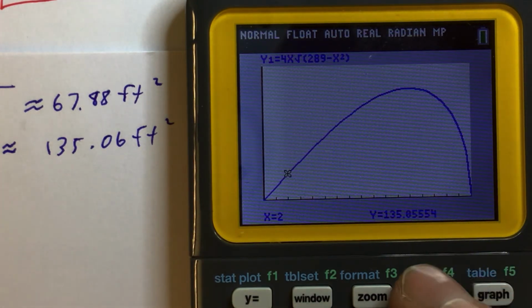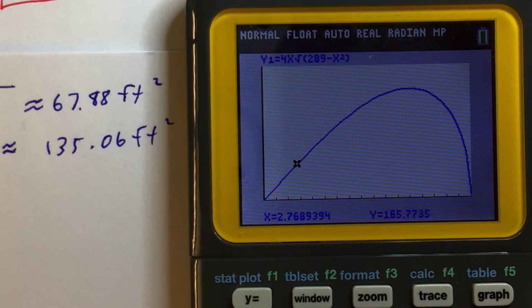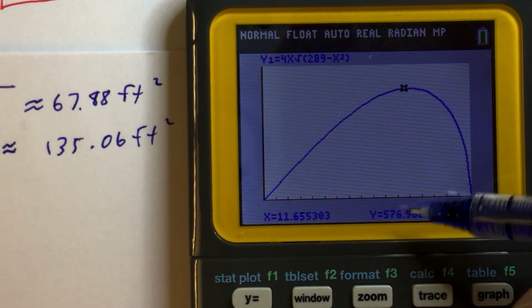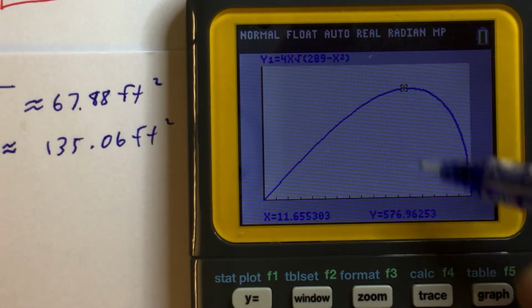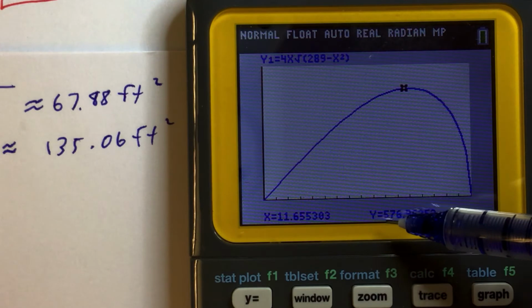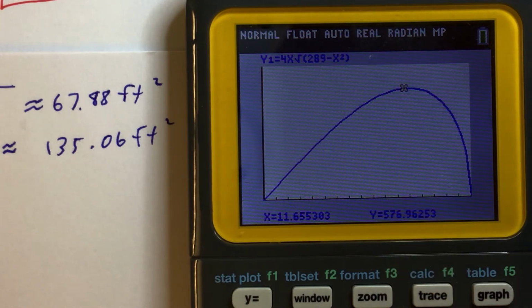And we can see as we move up the graph that as we choose a bigger and bigger value for x, we get a larger and larger area. Now, there is that maximum value that the area can possibly be. As we look at the numbers, if you're looking at the cursor getting towards the top, we can see the maximum value for the area is right around 578.